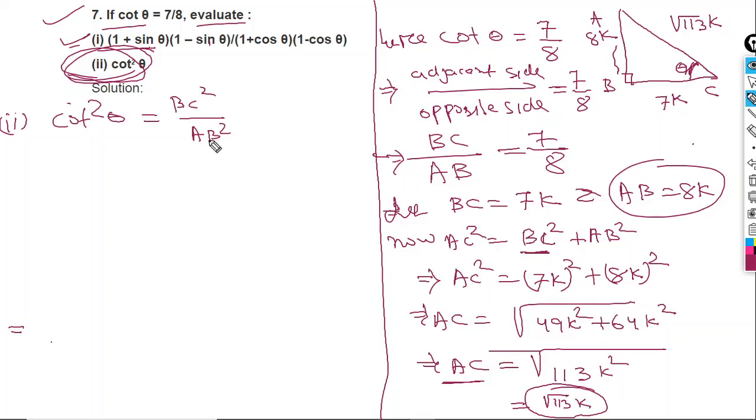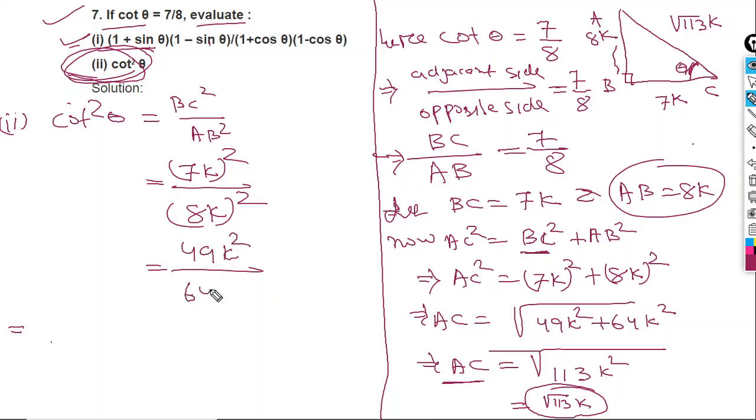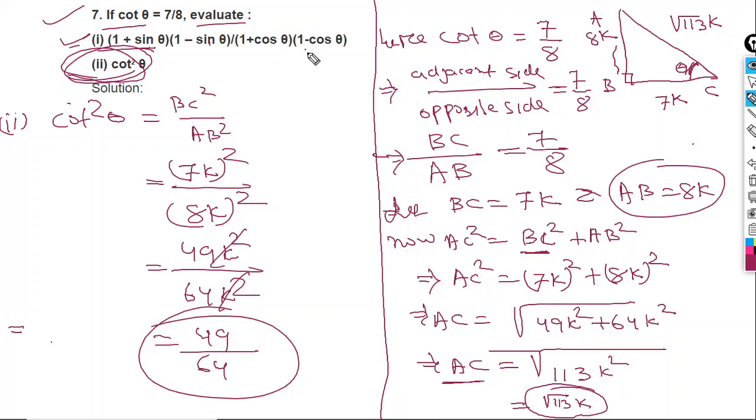Look at the figure, BC is 7K square, AB is 8K square, which is equal to 7K square is 49K square divided by 64K square. Now K square cancels, equal to 49 by 64. So I answer was also same, 49 by 64.